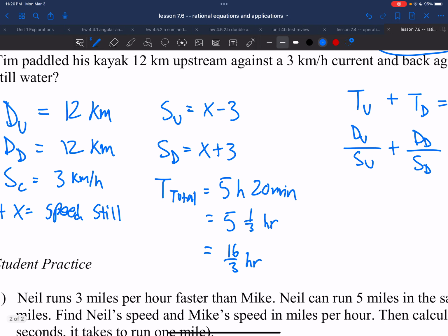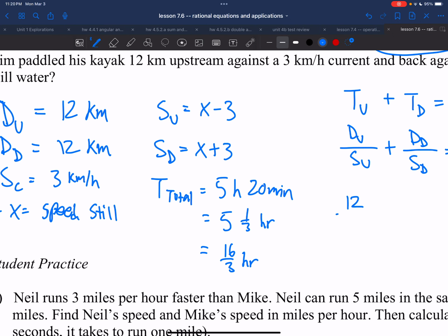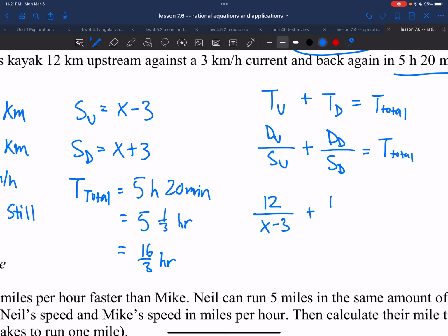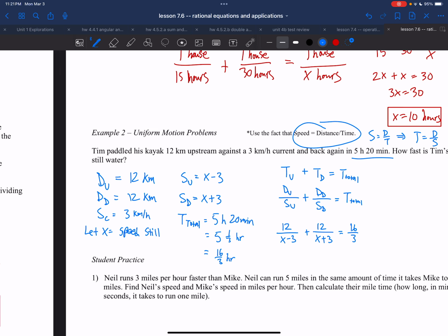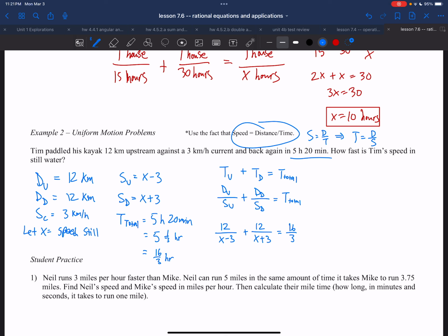The distance upstream is 12 kilometers, the speed upstream is x minus 3. The distance downstream is also 12 kilometers, and the speed downstream is x plus 3. And this equals the total time, which I wrote as the fraction 16/3. And so that is the setup to this problem.